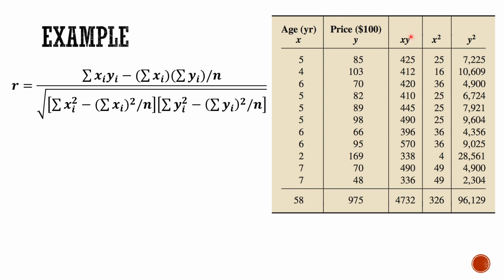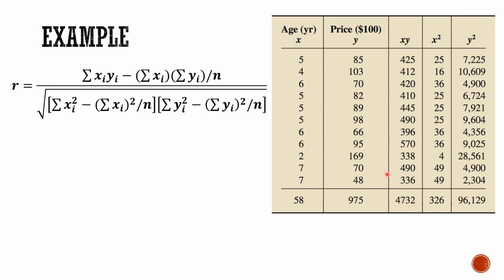In the third column, to calculate our R, we just multiply x times y, because that's the first term of the numerator in our computing formula. So here we did 5 times 85, 425, 4 times 103, 412. We multiply each x and its related y value, and then sum them up, which is 4732.